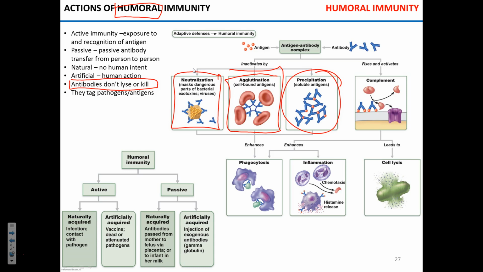You can bleed a horse, okay? You can collect blood, separate formed elements and the plasma, and basically package that plasma as antivenin. Plasma, humor, will contain antibodies, therefore humoral immunity.